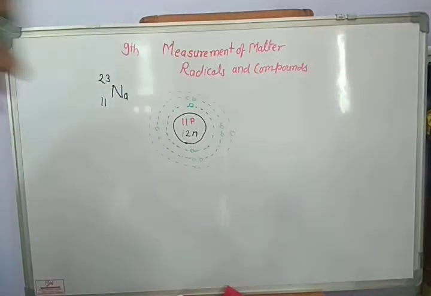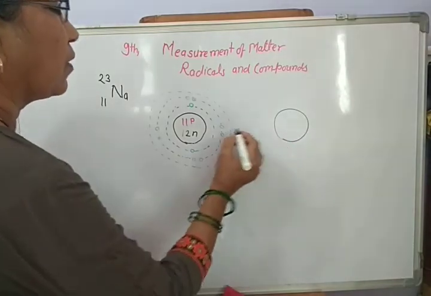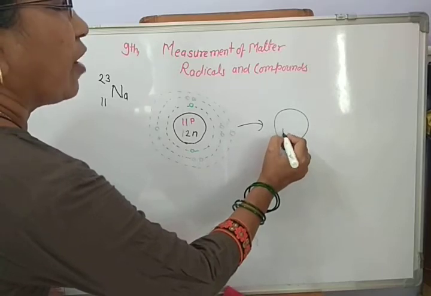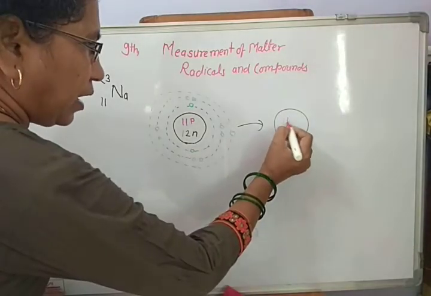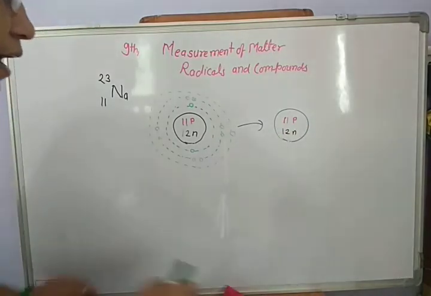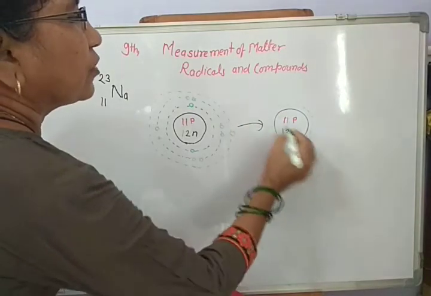it forms an ion. It has 12 neutrons, 11 protons and now only 10 electrons are there.